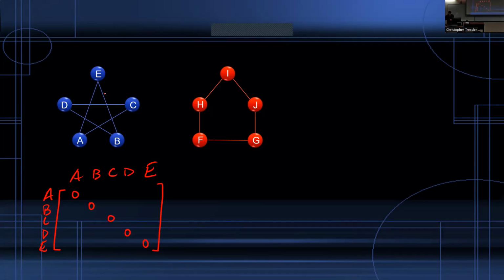A is connected to E and C. B is connected to D and E. C is connected to A and D. D is connected to C and B. And finally, E is connected to B and A.